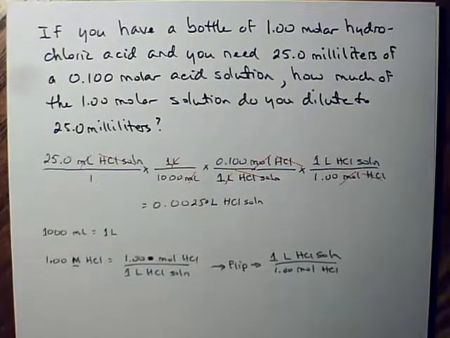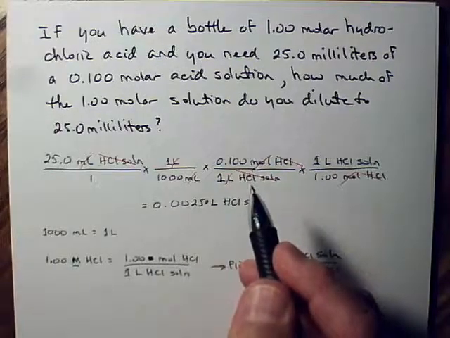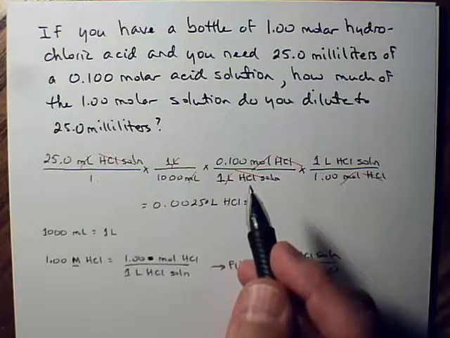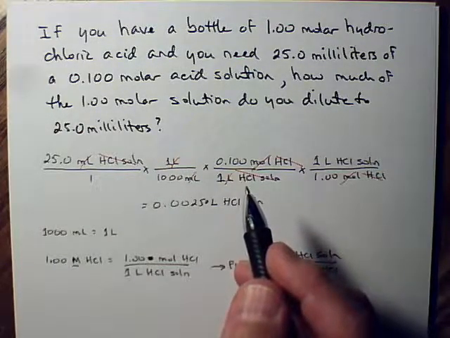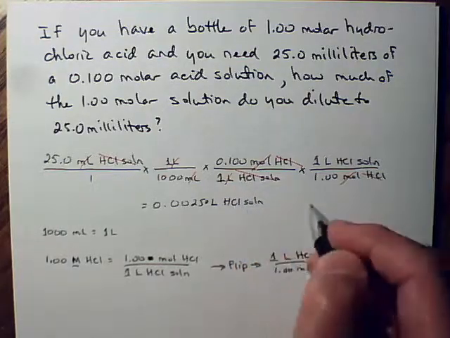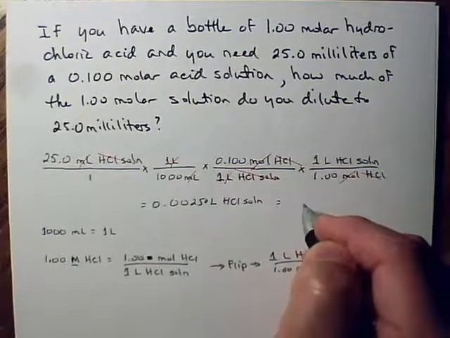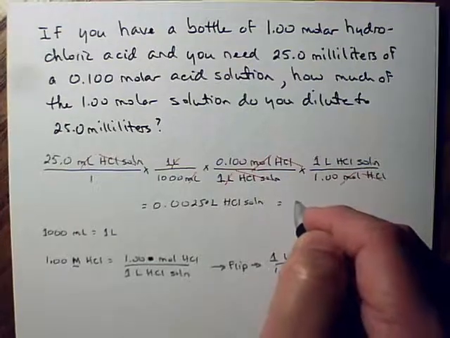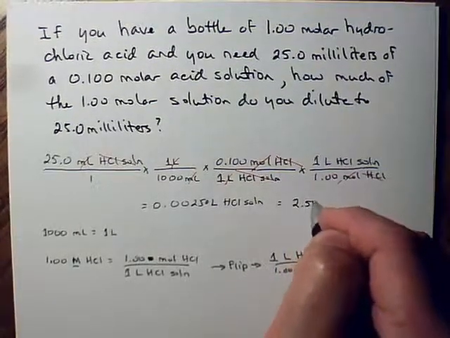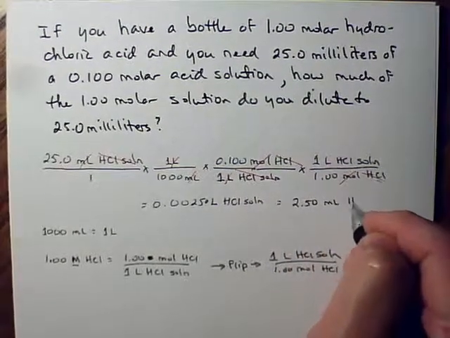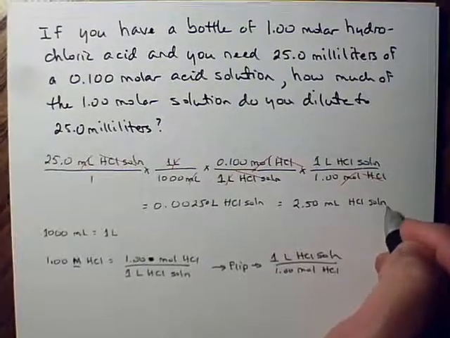Now you can also change this into milliliters. It's easier to measure milliliters. And that would be what? 2.5 milliliters? Right? Multiply it by 1,000. Yep. So that's the same thing as 2.50 milliliters of our HCl solution.